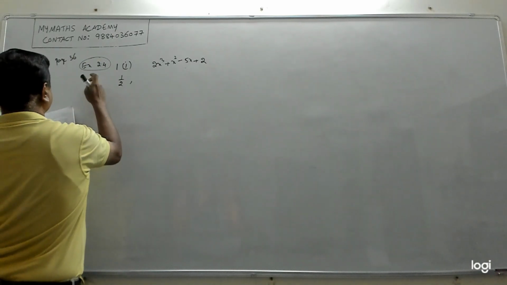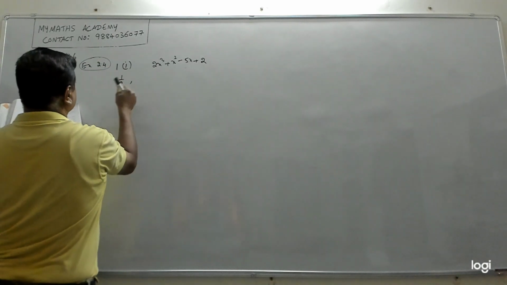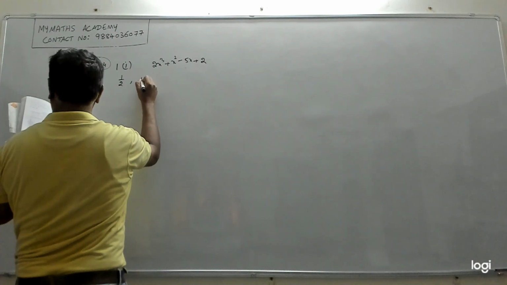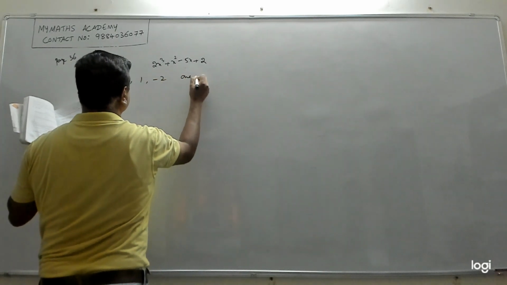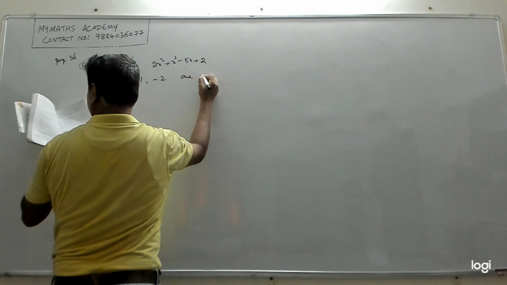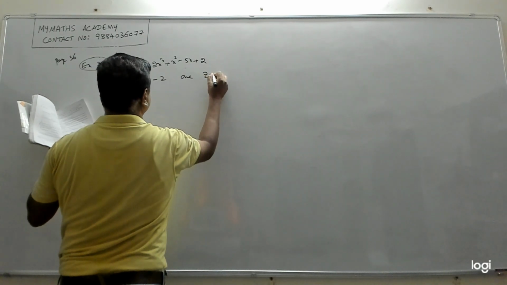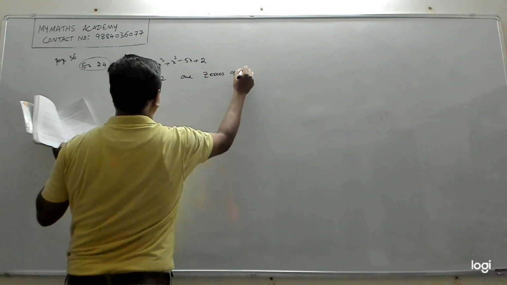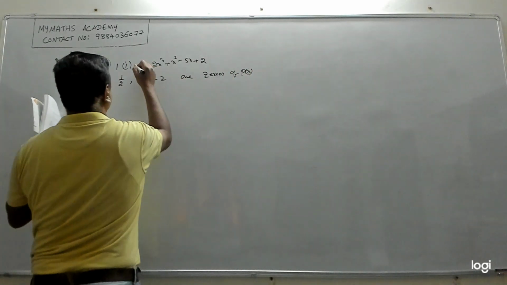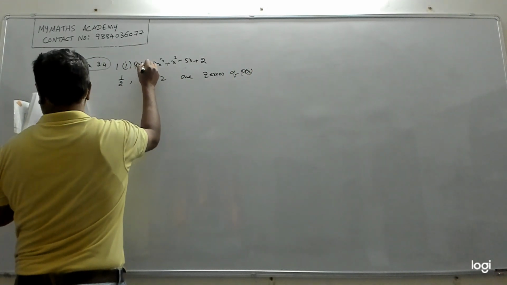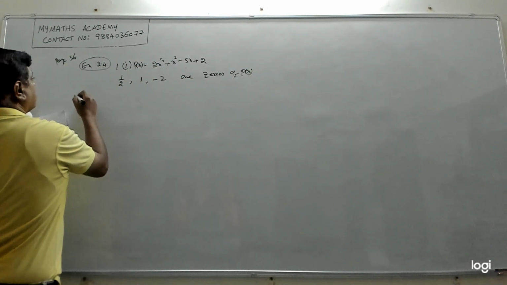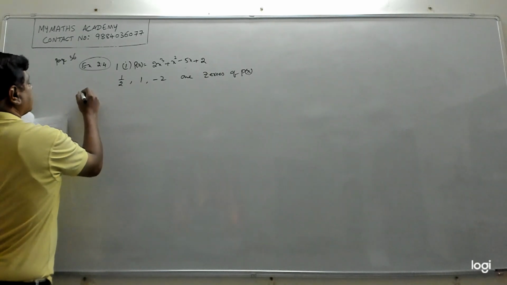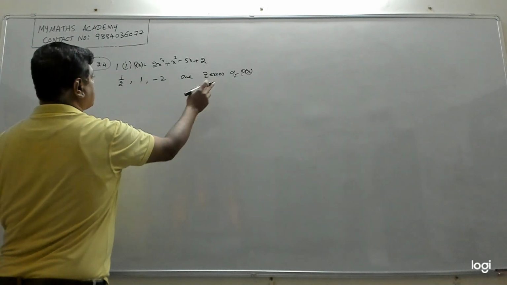In the proof there are two things that we have to prove. First thing is we have to prove 1 by 2, 1, minus 2 are zeros of p of x. This is your p of x, right? You have to check whether these three are zeros of p of x.